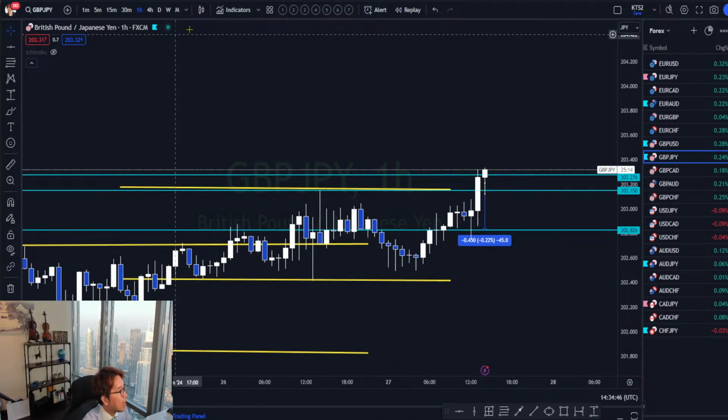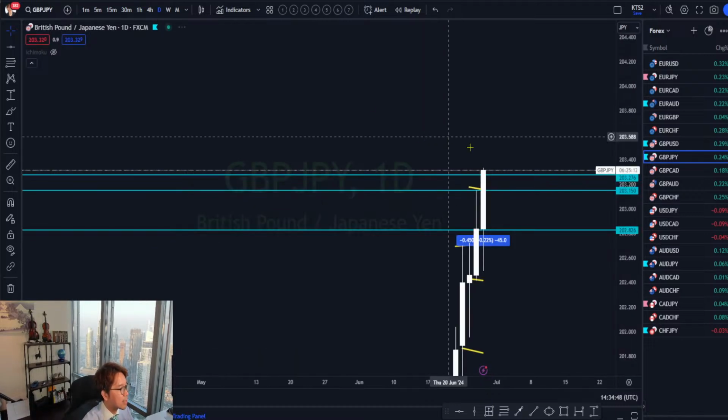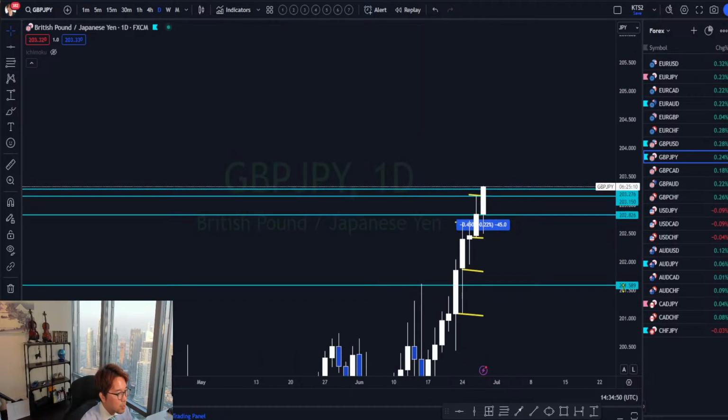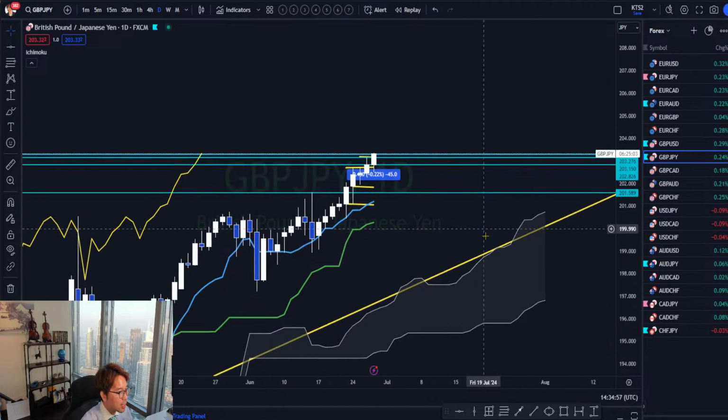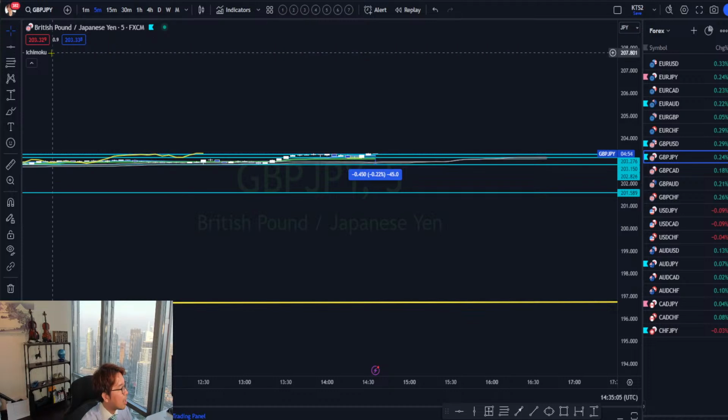So yeah, let's see how it goes. And daily shows it's bullish too, as per Ichimoku. Daily shows a very thick and nice bullish momentum in Ichimoku. So yeah, let's monitor the chart by M5.